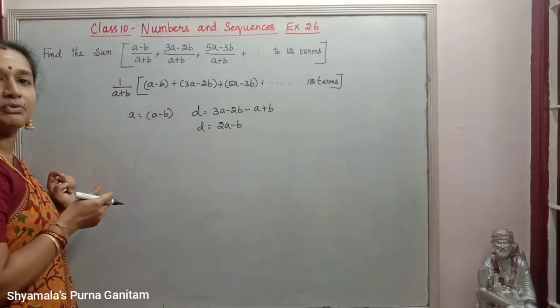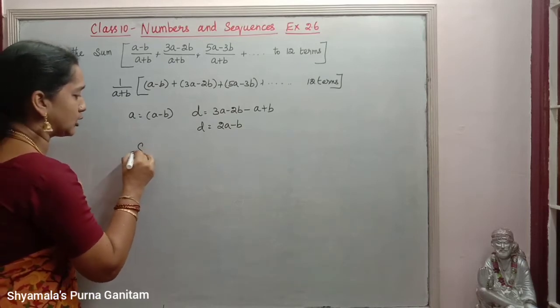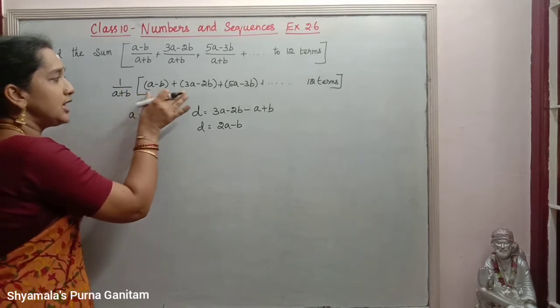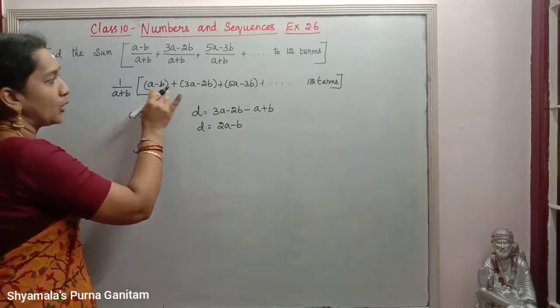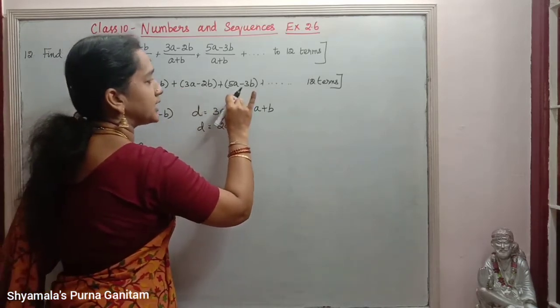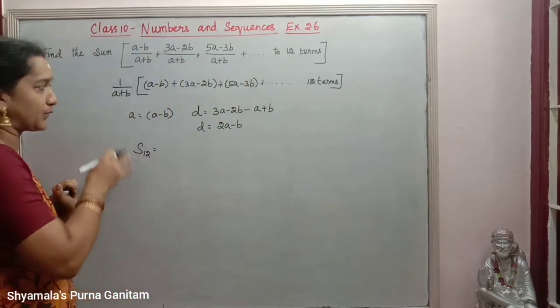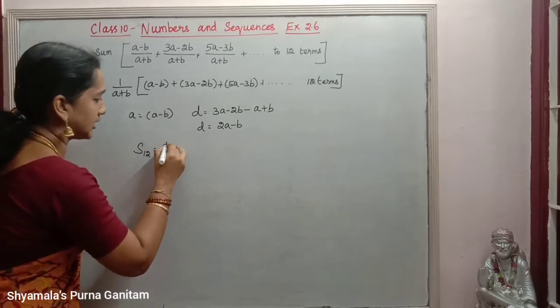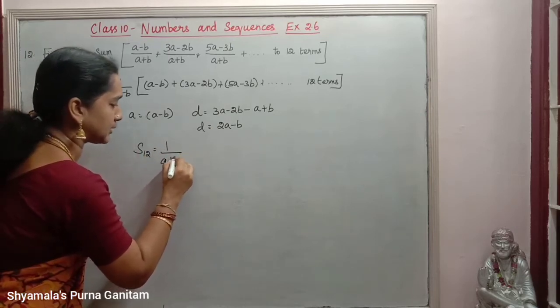Okay, so now we will find S12. We are asked to find S12 only, only for a minus b, 3a minus 2b, up to 12 terms. So we have 1 by a plus b outside, so we will write that 1 by a plus b.